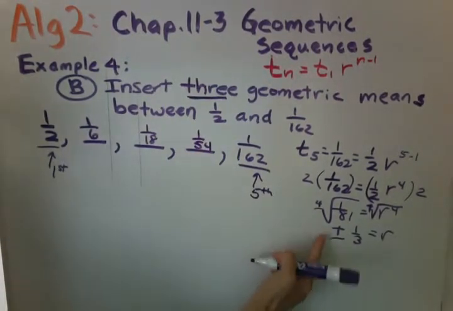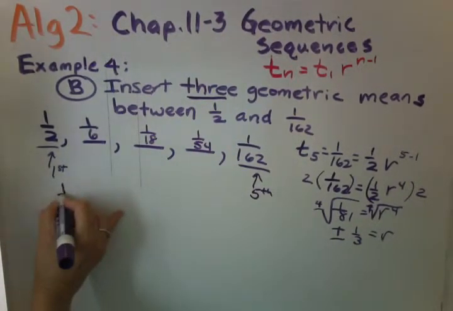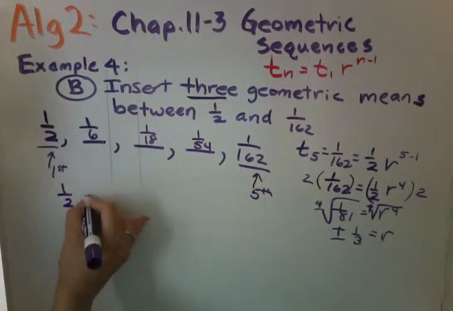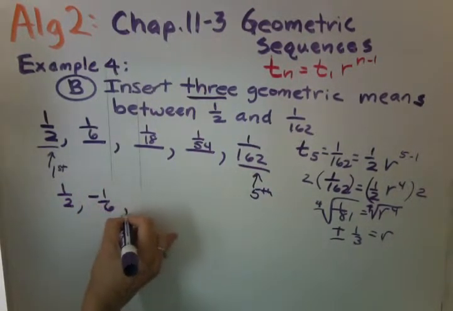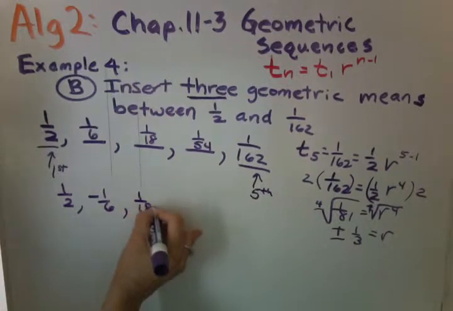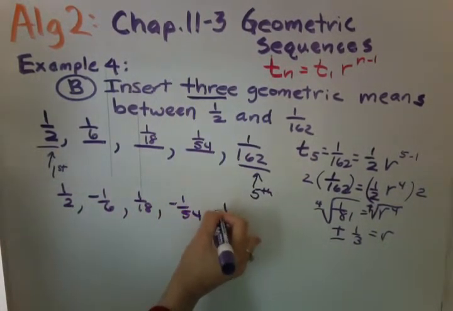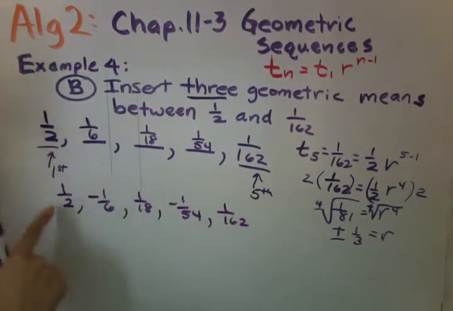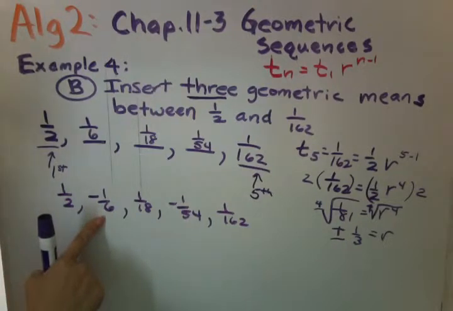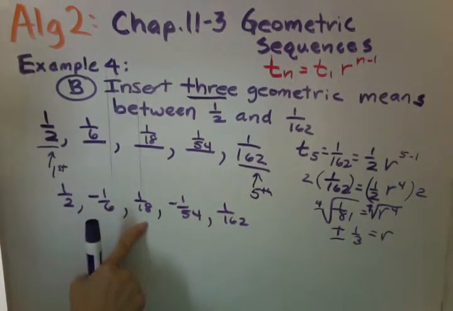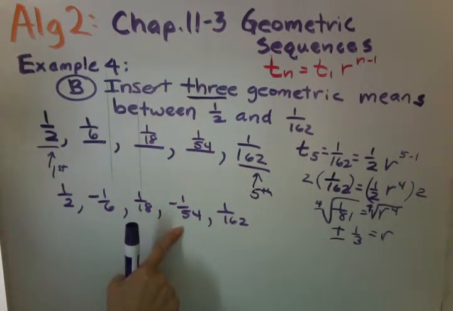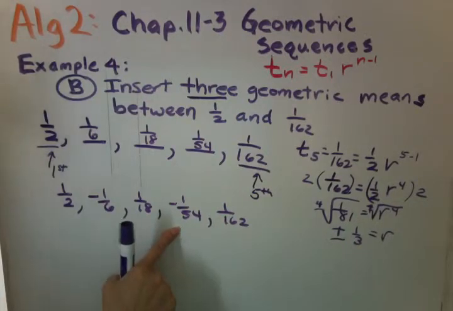Now, since we don't know if it's positive or negative, the other series would be the same series of numbers, except it alternates as a positive and a negative. Because 1/2 times a negative 3 is negative 3/2. Negative 3/2 times a negative 3 is positive 9/2. Positive 9/2 times a negative 3 is negative 27/2.